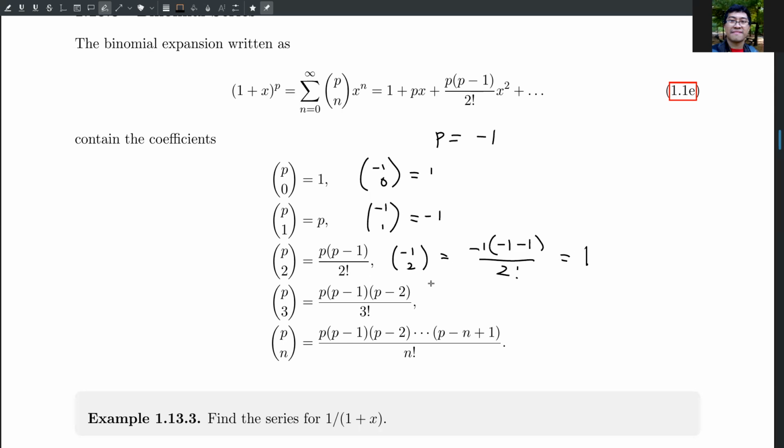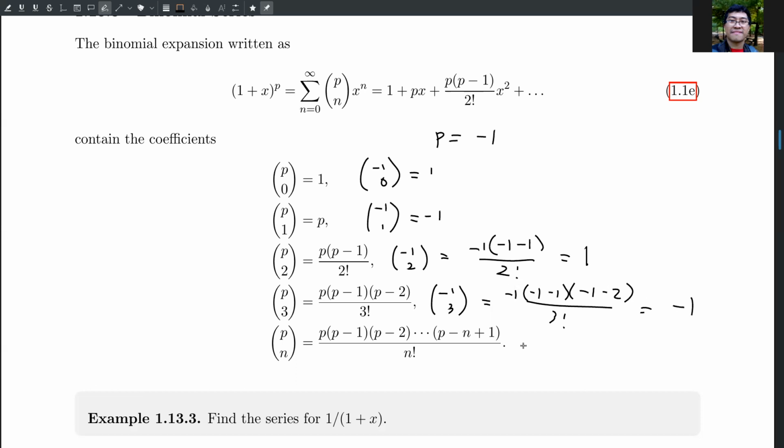Minus times minus is plus. Then you have minus 1 choose 3. That would give you minus 1 times minus 1 minus 1 times minus 1 minus 2 over 3 factorial. That's minus times minus times minus, so minus 1, and this is 3, this is 2, this is 1, that's 3 factorial, which factors out.